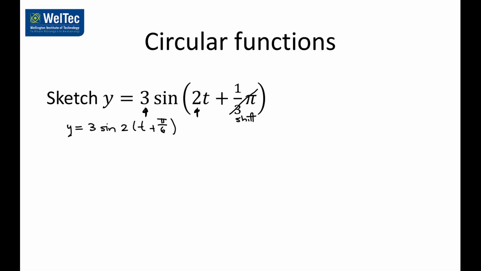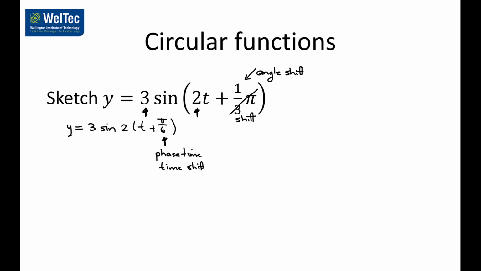This bit ends up being our time shift, or our phase time. The shift that we started with is actually the angular shift, or the shift angle, but once we've divided it by the 2 in this case, it becomes the time shift. Now, thinking about translations, a positive shift actually goes to the left.